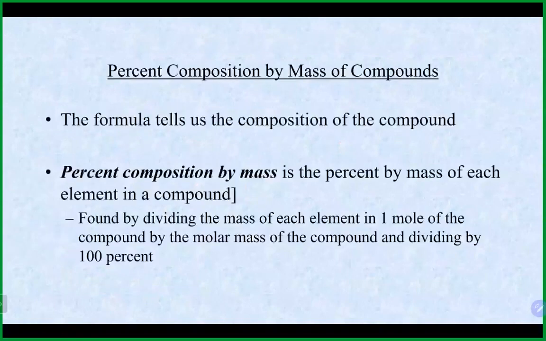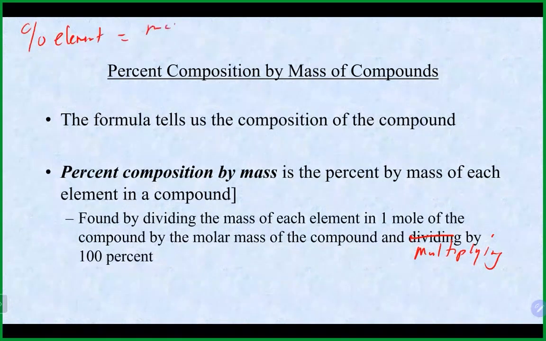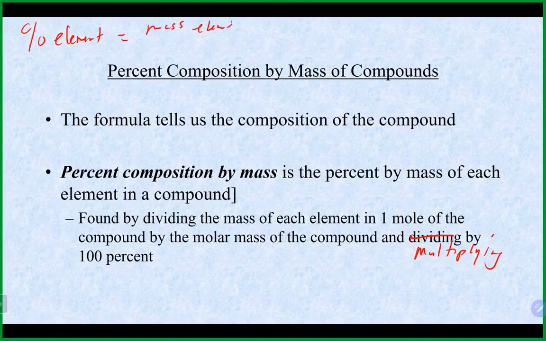It should be multiplying there. So we could calculate the percent composition by mass by basically taking, to figure out the percent of each element present, the mass of the element in that particular formula divided by the molar mass of the formula times 100%.